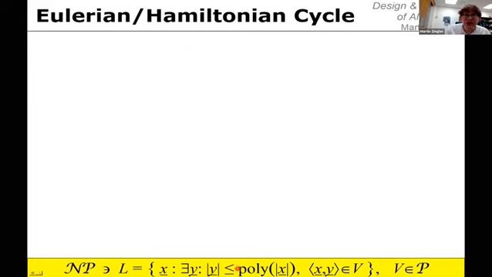So what is Eulerian cycle? What is Hamiltonian cycle? For Eulerian cycle, we're going to consider an undirected graph, which may or may not be a multigraph. I understand that you're all familiar with this concept and terminology from attending CS204 discrete mathematics.